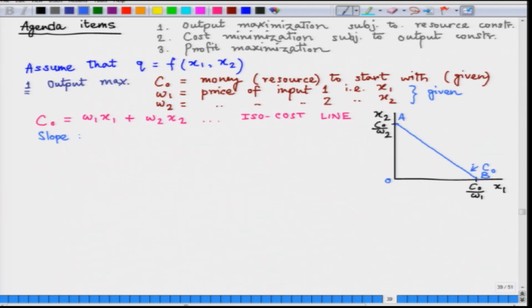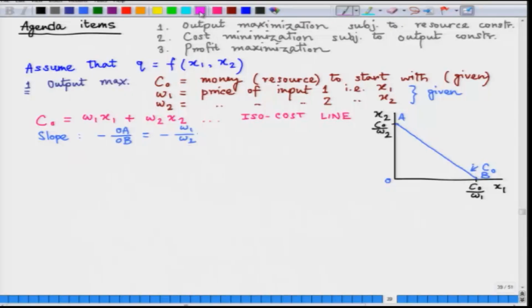So, the slope will be in this case minus, because it is downward sloping, OA over OB, right. Now, note that here I have used the geometric technique to find the slope, but of course you can take total differentiation as we have done earlier to find this slope value.